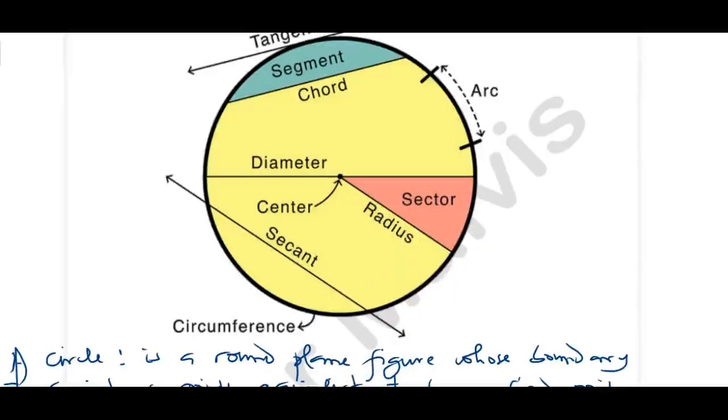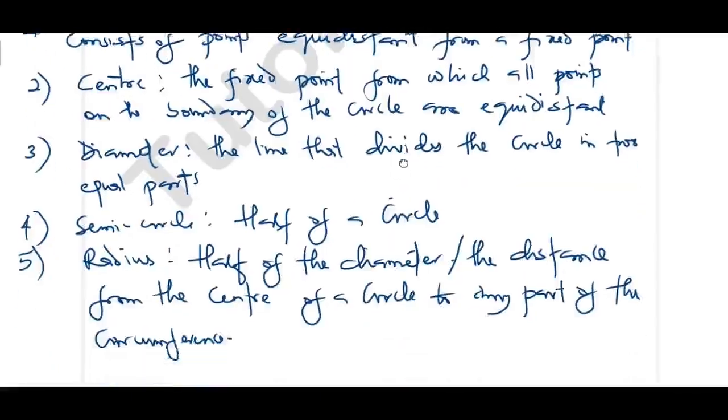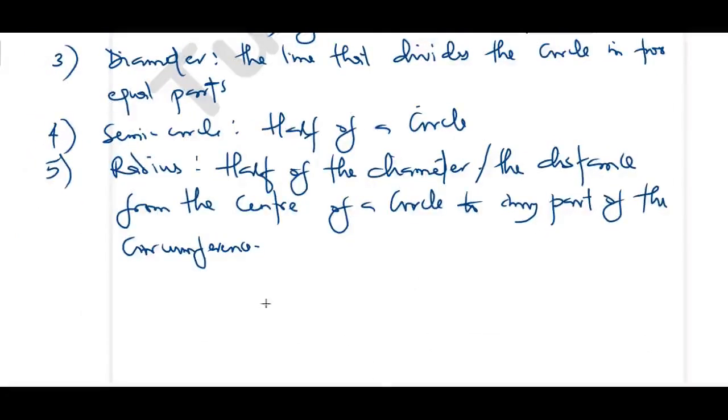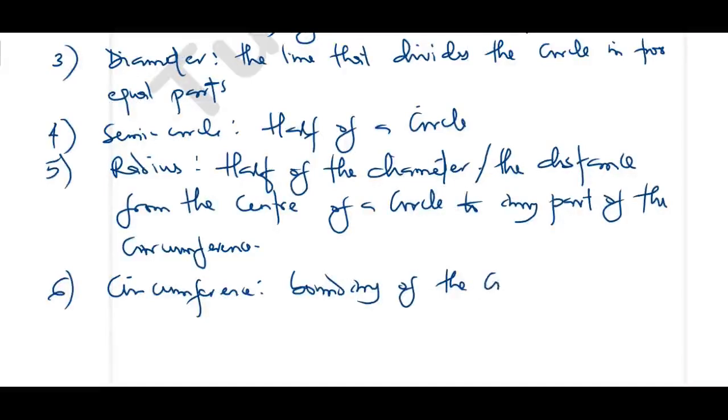So let's talk about the circumference. That's number 6. Circumference is simply the boundary of the circle, or we can call it the borderline that forms the circle.